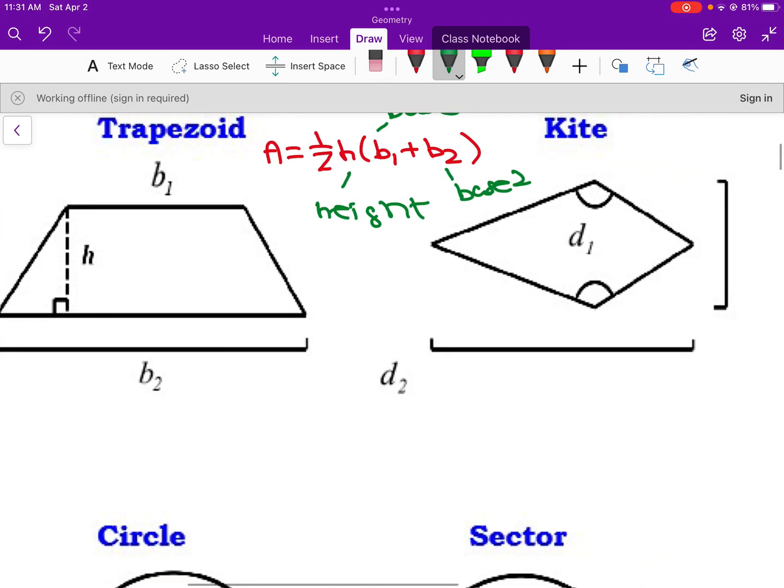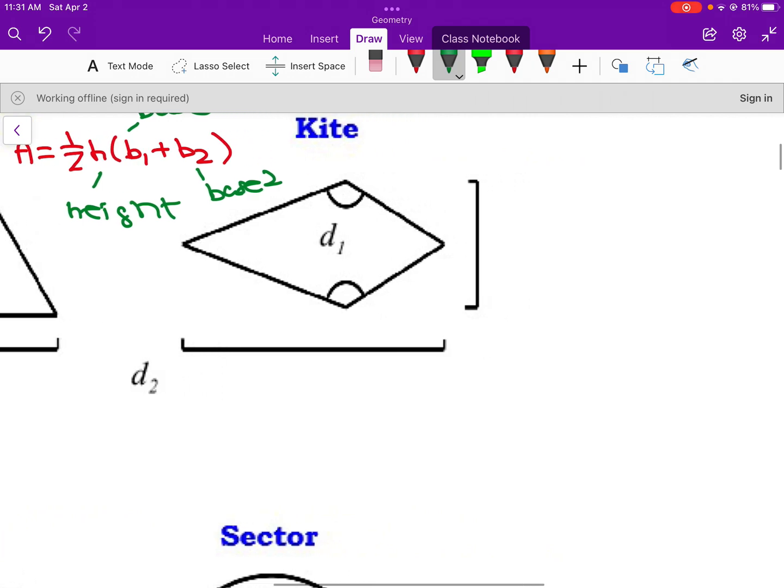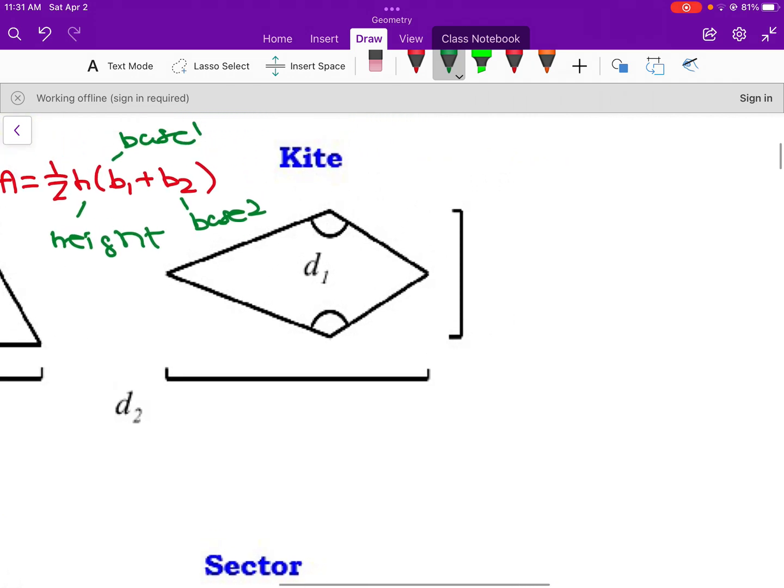Okay. A kite is different still. There's this parameter in a kite called the diagonal. If I were to connect the two corners along the smaller direction, and then the longer two corners, those are my two diagonals, and those measures are indicated as D1 and D2. So for a kite, my area formula is going to use both of these values.